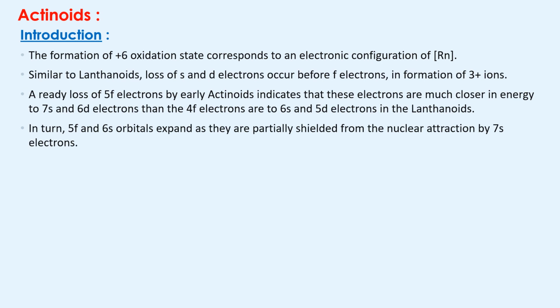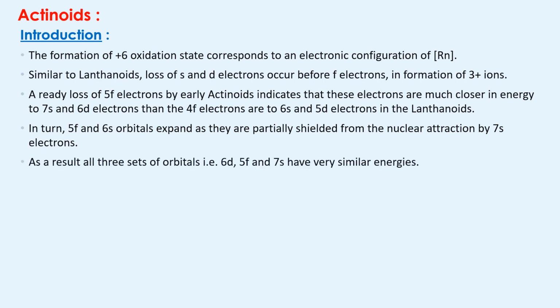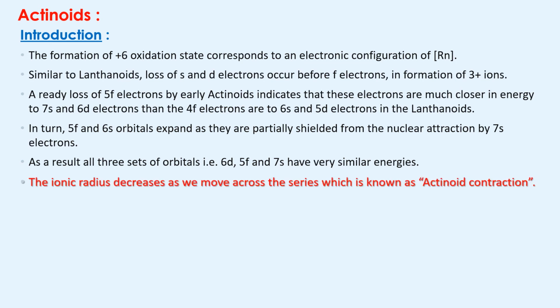In turn, 5f and 6d orbitals expand as they are partially shielded from nuclear attraction by 7s electrons. As a result, all three sets of orbitals, 6d, 5f and 7s, have very similar energies.